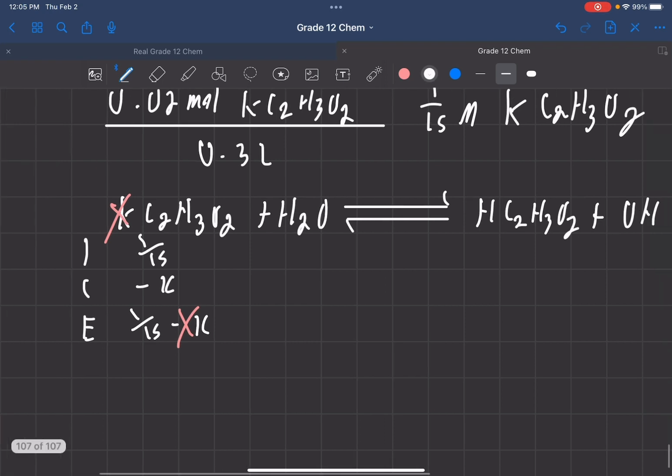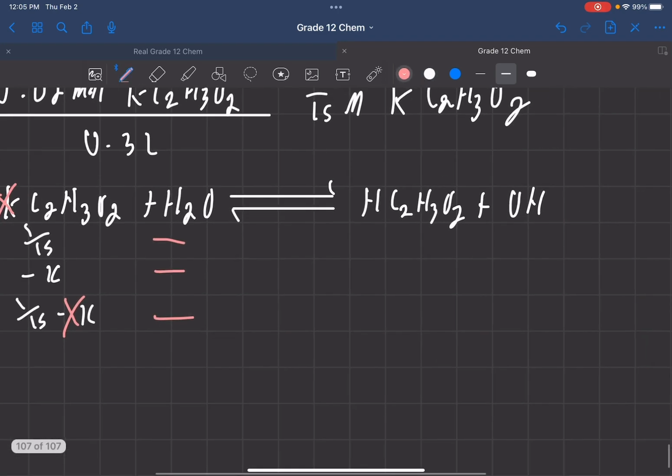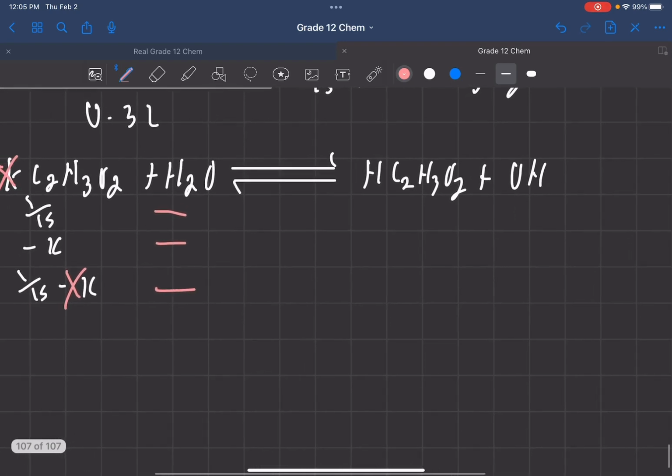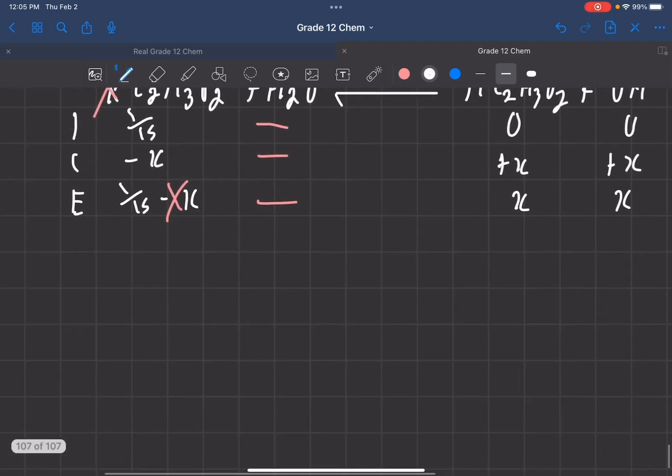Okay, so what about the water? Well, the water's concentration does not change, right? Its concentration is going to be the same throughout the solution, so we just put a line. And how about the ethanoic acid? Well, that is just going to be 0 at the start, same with the hydroxide, and we're going to have plus x, and what we're looking for is the hydroxide concentration.